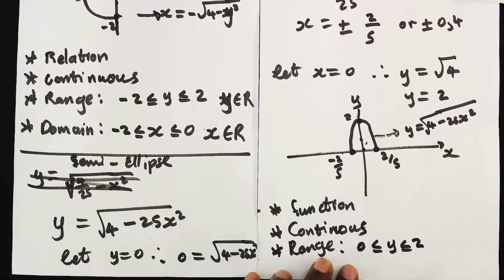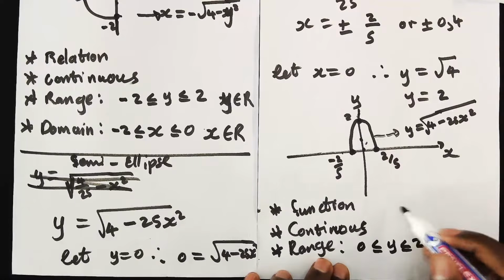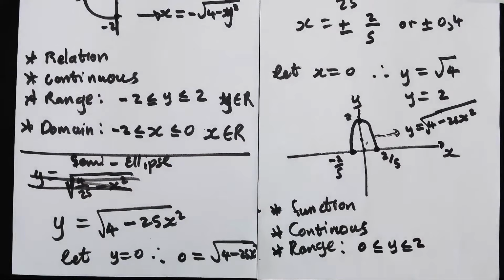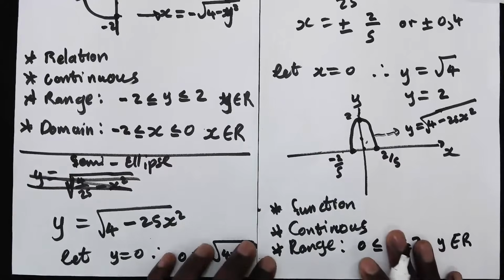Please make sure that y must not be less than 0. It must be greater than or equal to 0. And we specify that it must be the set of all elements of real numbers, because if it's not real numbers, you'll have it undefined.